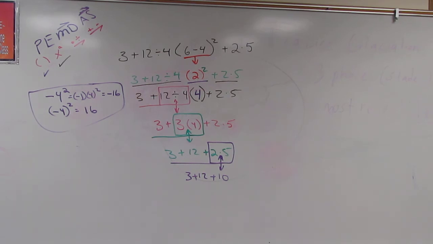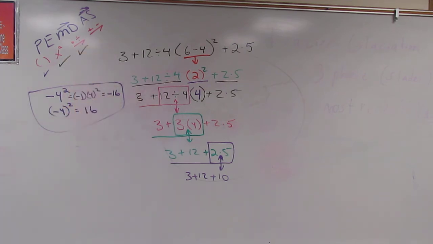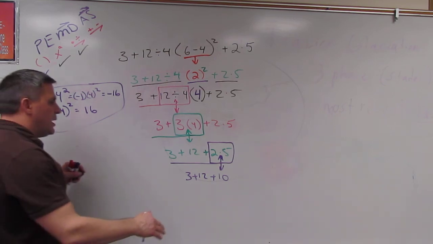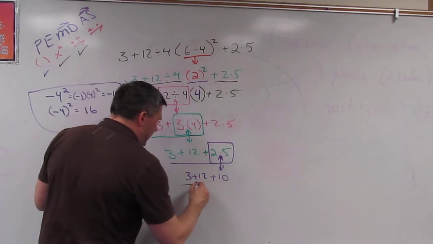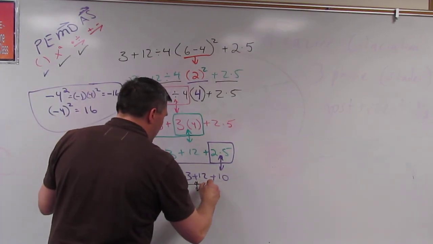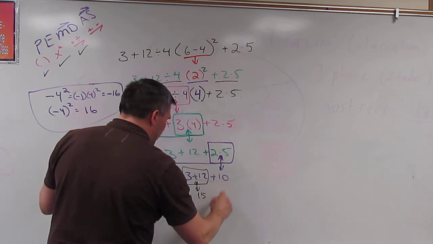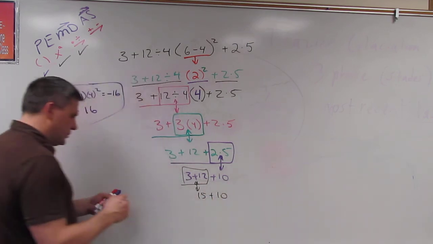And now, am I done? Well, I'm done with multiplication, division, and all I have left is addition or subtraction. So now it's whatever comes first. So 3 plus 12 is 15. Bring the other down.